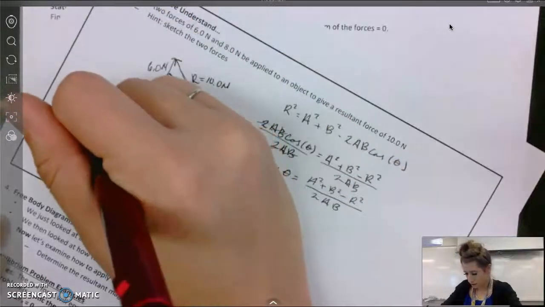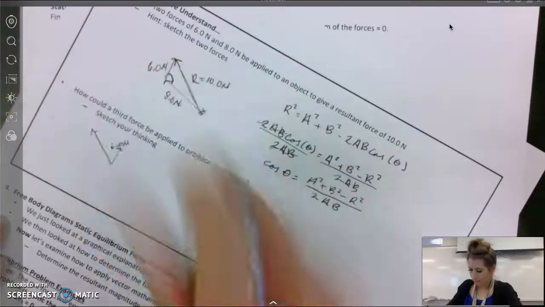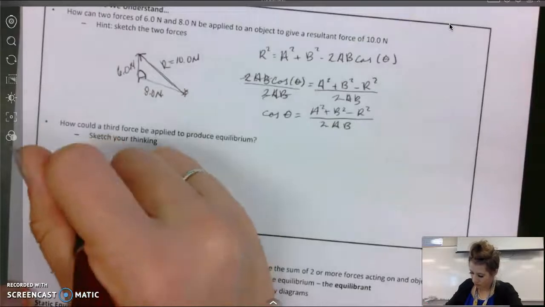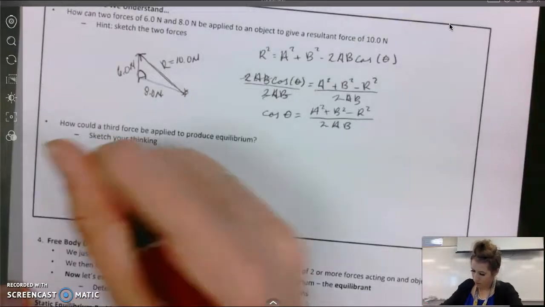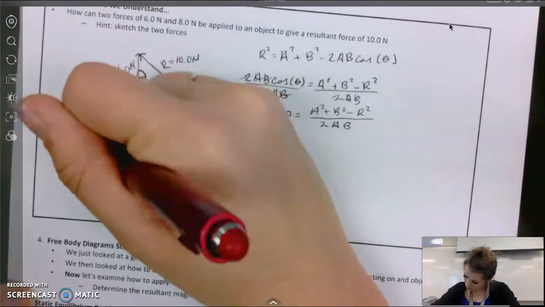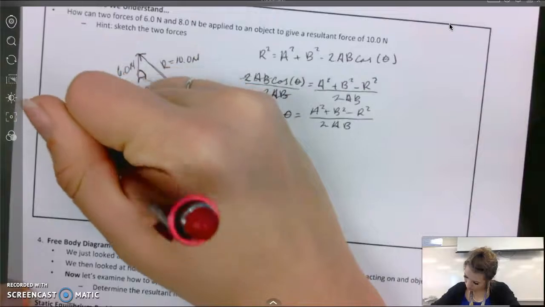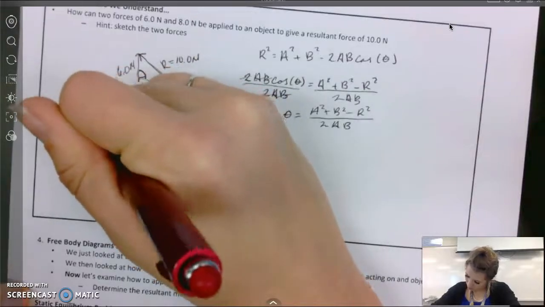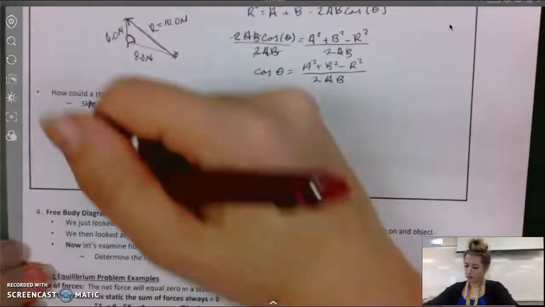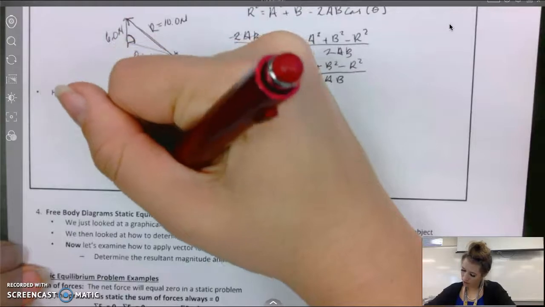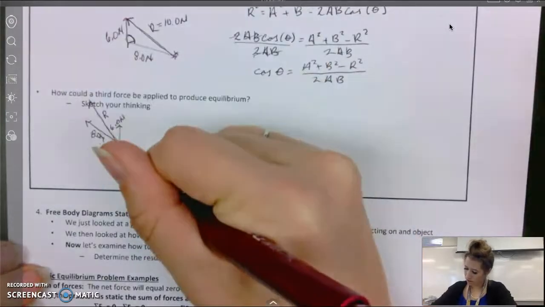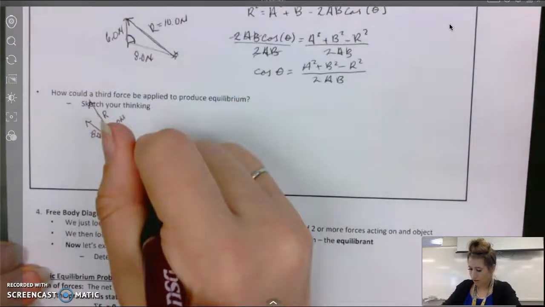That was kind of going this way. And then our resultant was kind of over here between them. That should make sense, right? So there's our resultant. So our equilibrium would be same in magnitude, opposite in direction. So there would be negative r.